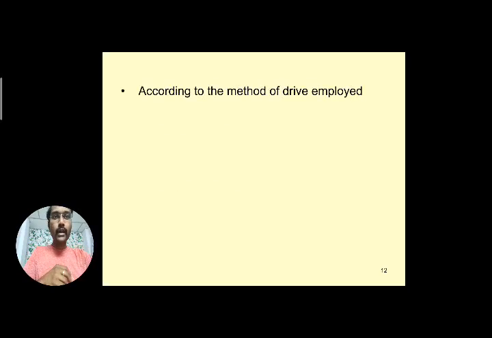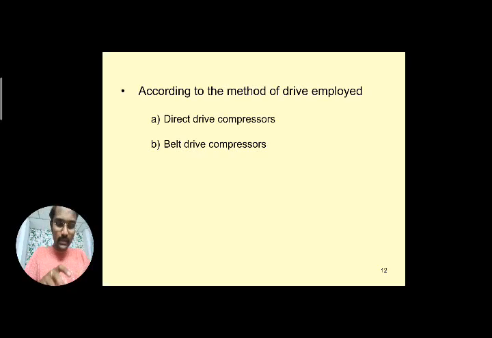Next, according to the method of drive employed. In some cases there is a direct connection, which means an electric motor is placed on a single shaft and the compressor crankshaft is connected. Whenever the electric motor rotates, the crankshaft also rotates.